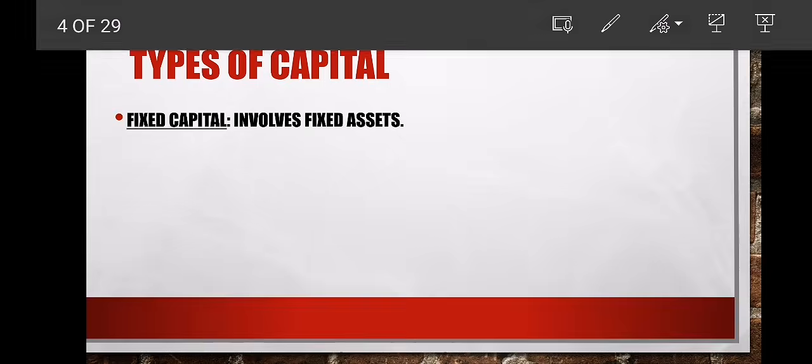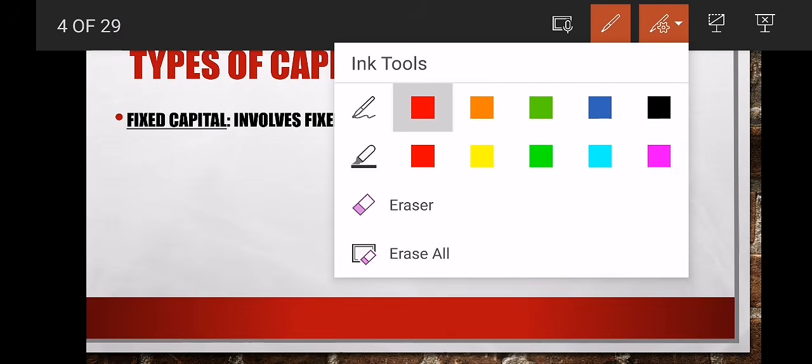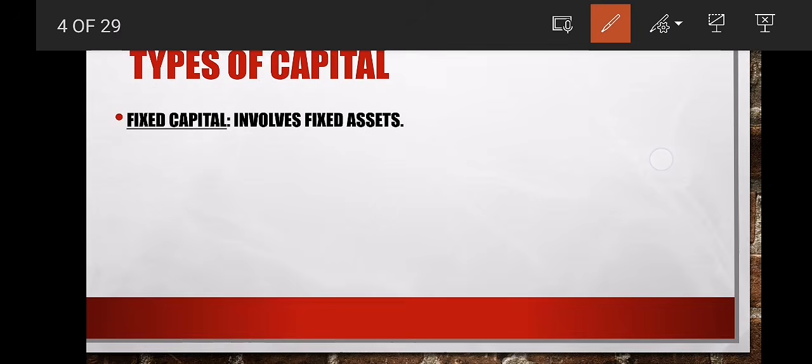When we look at a fixed capital, we say this is a capital that is immovable. This is a kind of capital that cannot be moved or cannot be changed from position number 1 to position number 2. So we call them fixed capital. They are stationary. They are fixed in that position where they are.